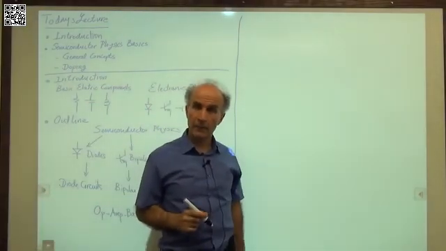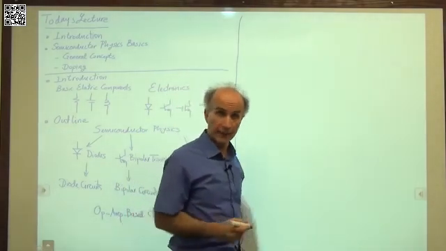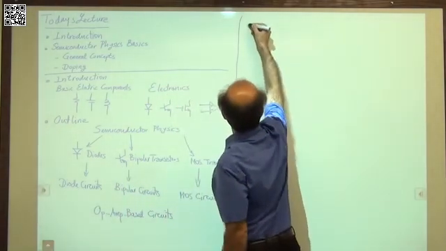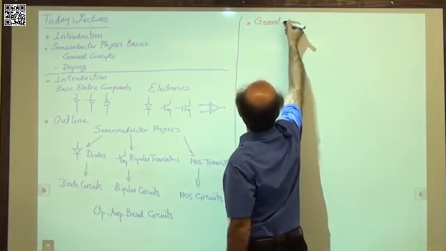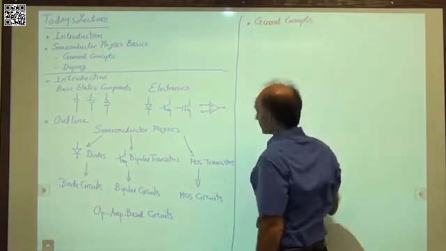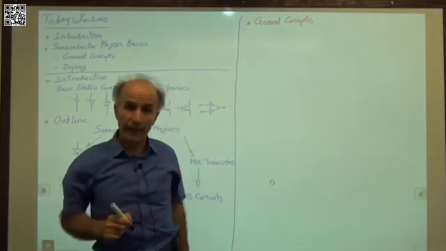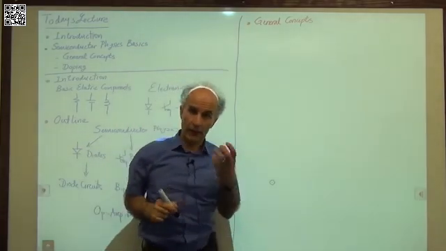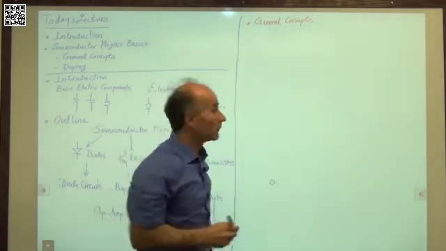Very well. Let's begin with semiconductor physics, and we start with some general concepts. Okay, well, we know that atoms consist of a nucleus and some electrons surrounding the atom.